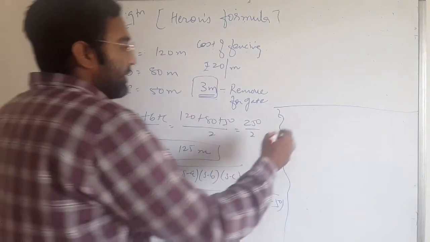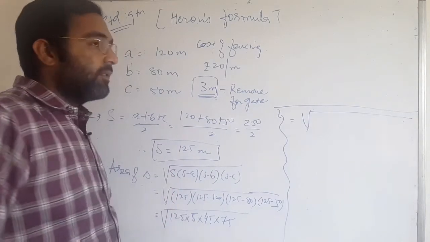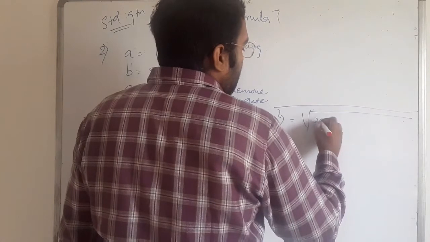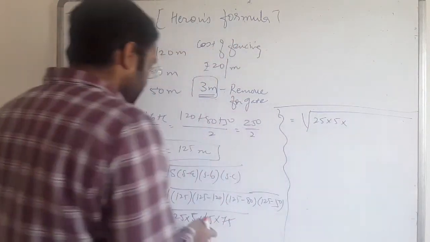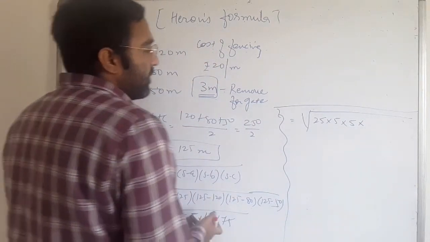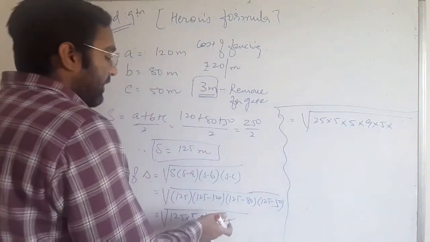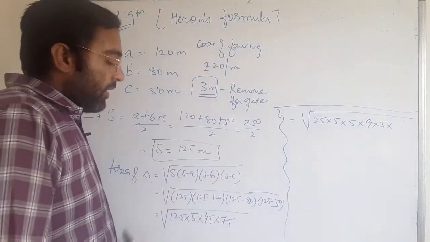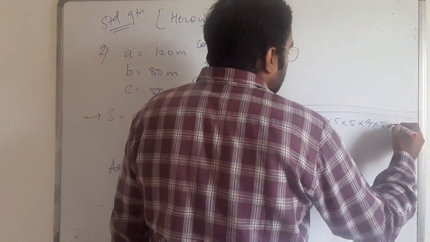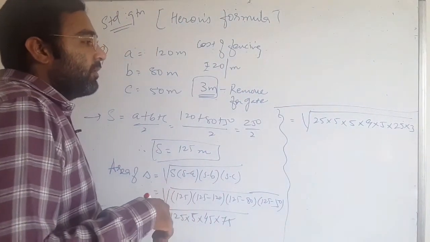Whenever we have to factorize numbers, we factorize 125, that is 25 5s are 125, into 5 as it is, into 45, that is 9 5s are 45, and into 75, that is 25 3s are 75.